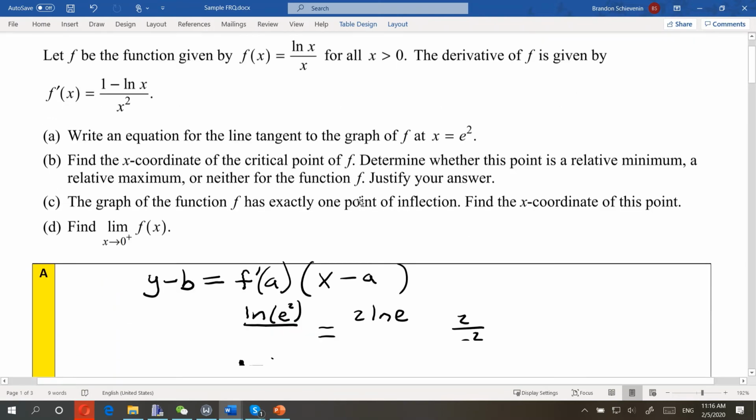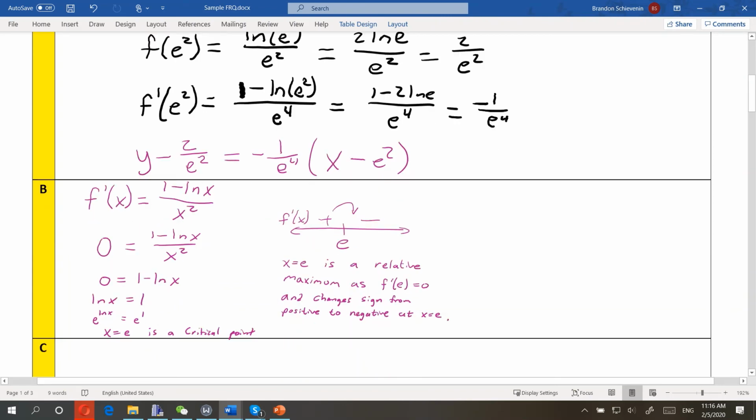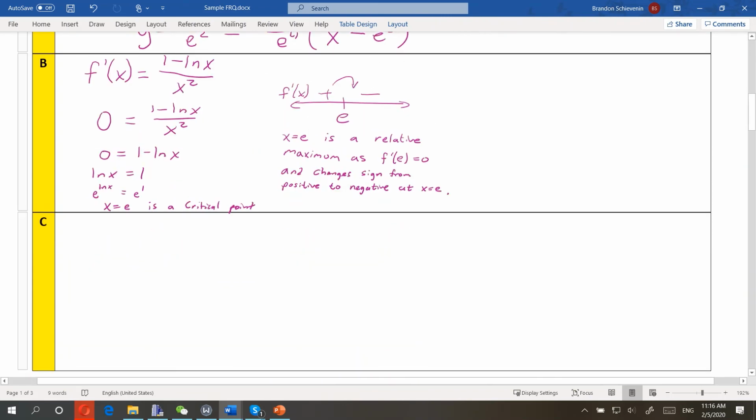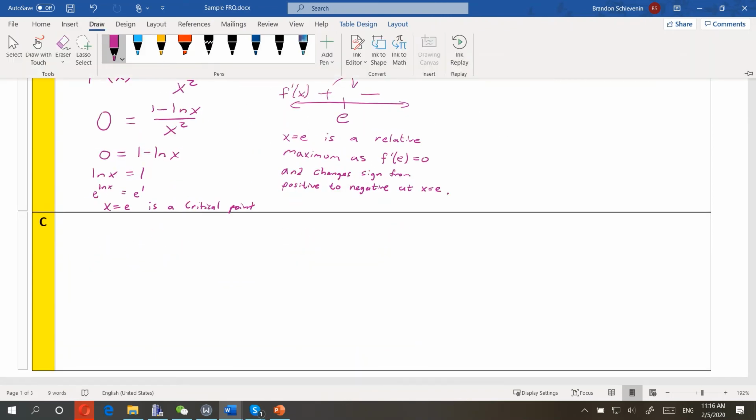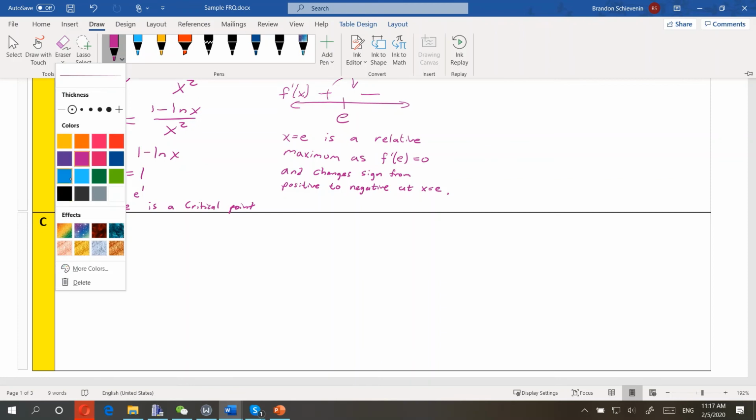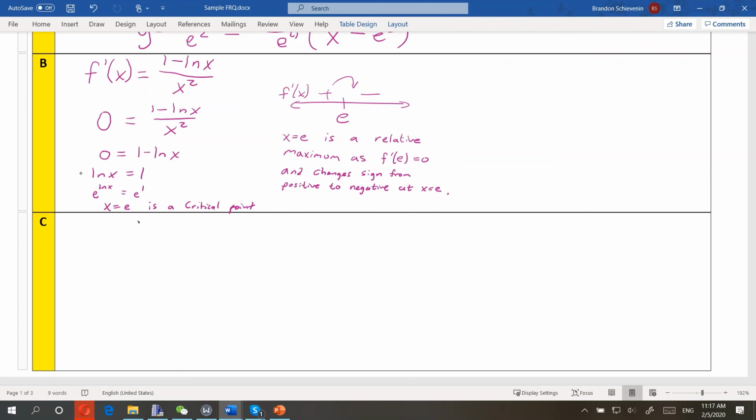On part C, I'm going to start with our first derivative from part B. Change colors again. So our first derivative was 1 minus ln x over x squared.